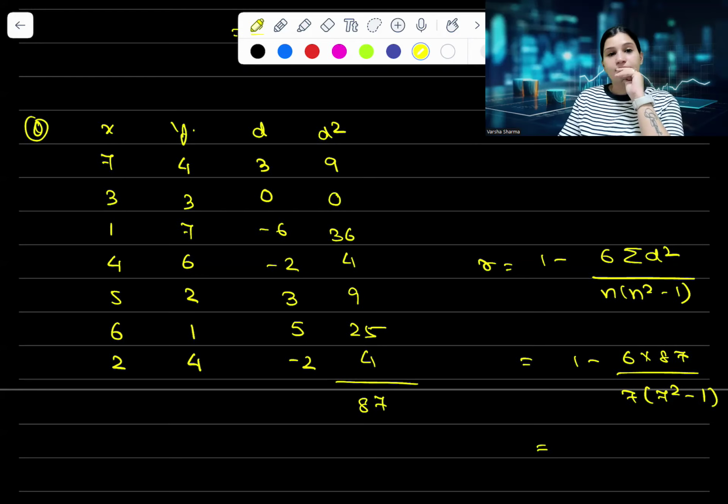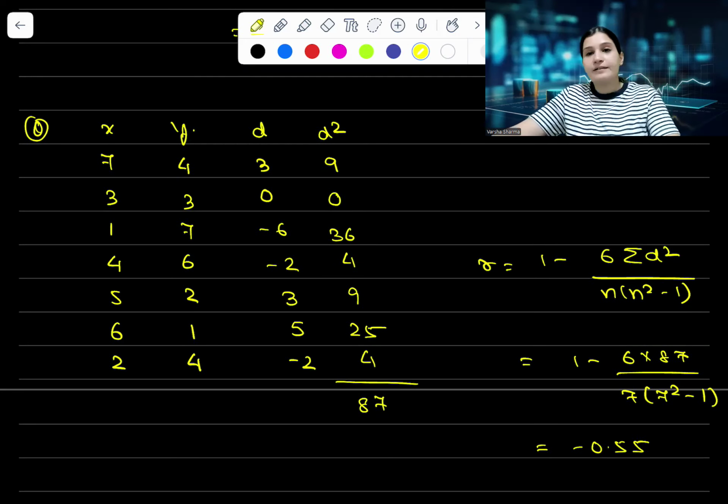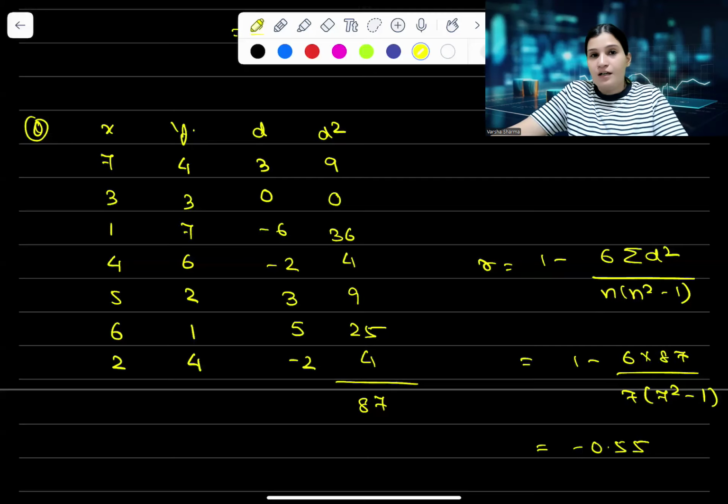Answer: minus 0.55. Understood? Yes, ma'am. All of you agreed? Any problem? No, ma'am.